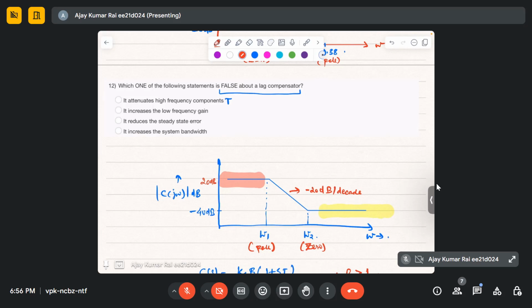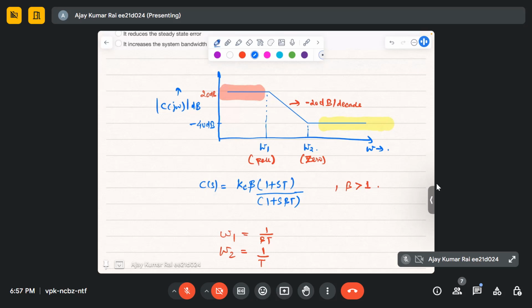You'll have a plant transfer function, and it will have some Bode plot. What we are doing is adding the magnitudes in dB for this particular compensator and that given plant transfer function. So at lower frequencies, it is adding plus 20 dB to whatever the gain of that transfer function is.